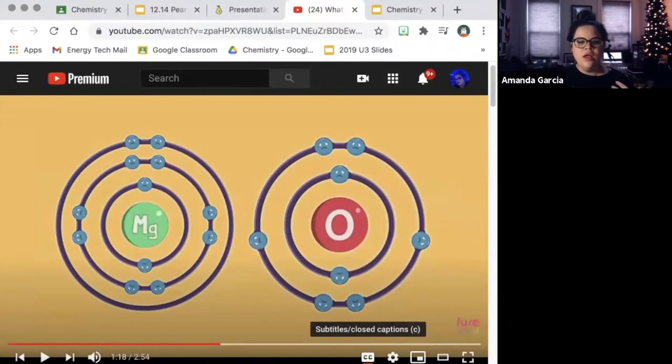Magnesium starts out with an electron configuration of 2,8,2, as you can see here, and oxygen starts out with an electron configuration of 2,6. Okay, so just take a moment to think about it, and we'll go over it in a moment.